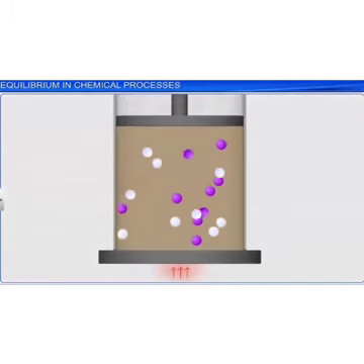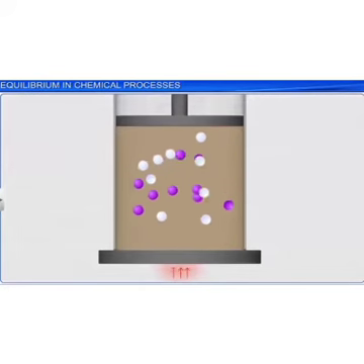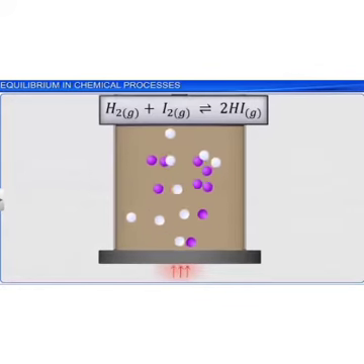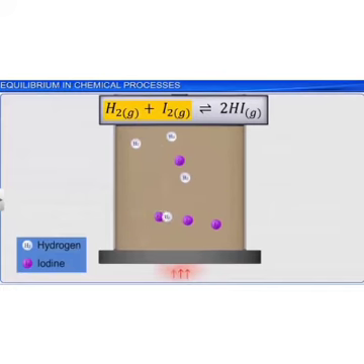The dynamic nature of chemical equilibrium can be understood by studying a gas-phase chemical reaction. For example, when hydrogen and iodine are heated in a closed vessel, they react to form hydrogen iodide.